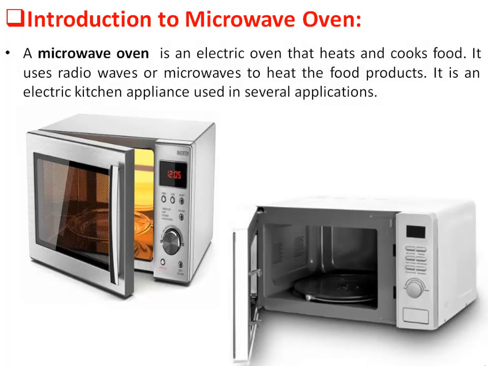A microwave oven is an electric oven that heats and cooks food. It uses radio waves or microwaves to heat the food products. The working of microwave oven will be discussed in a further slide.